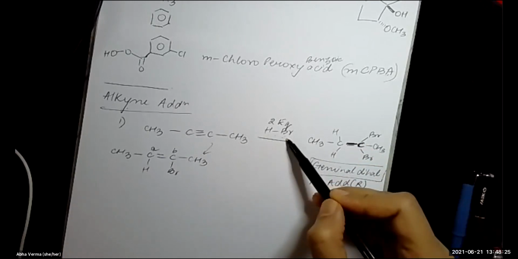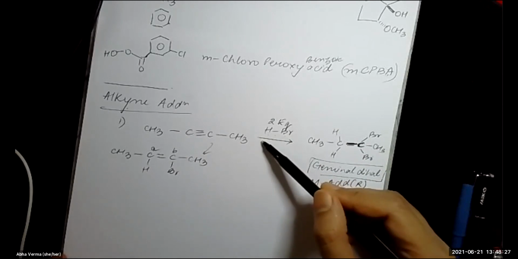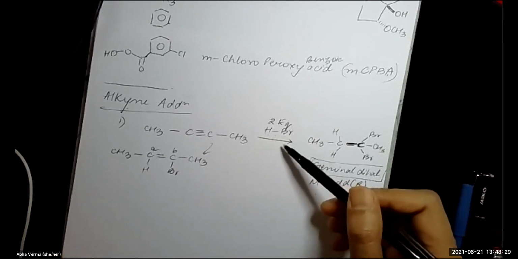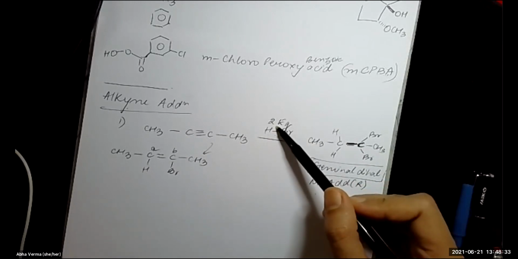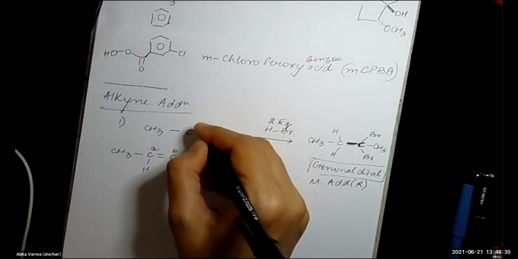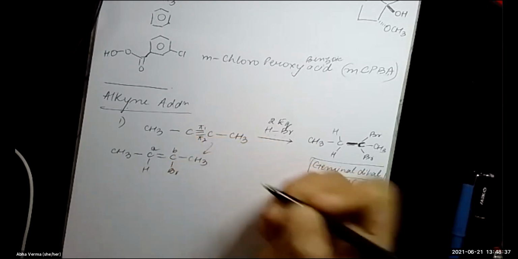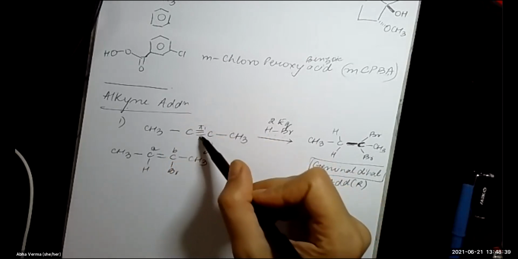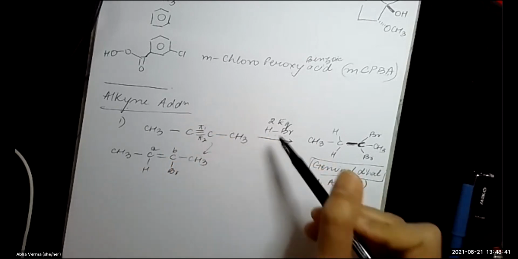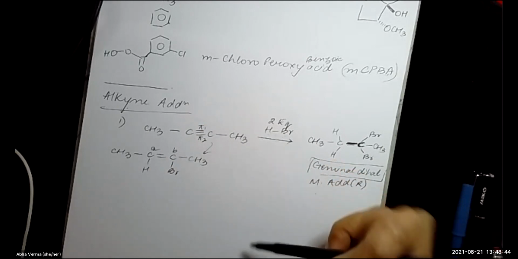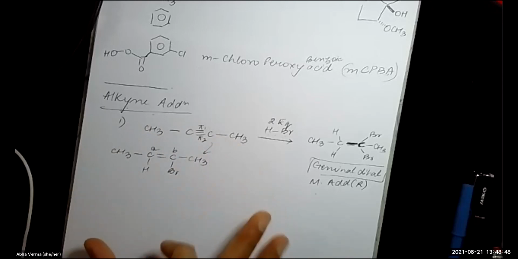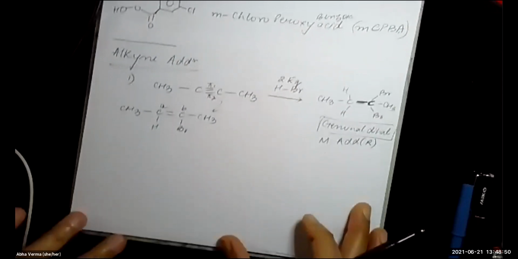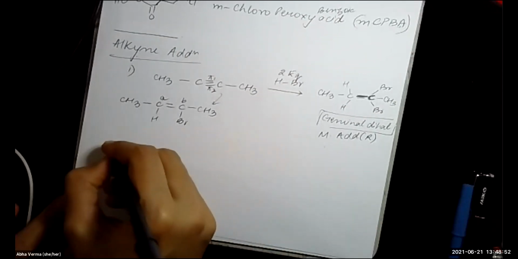So whenever you're going to add HBr or HX or H2O, H2S, anything of that sort, you will need two equivalents. Why? Because there are two pi bonds, pi 1, pi 2. You will need to saturate both of them. You will need two HBr. Now water does not get added directly. We will see a special reagent here. But let's do another one.